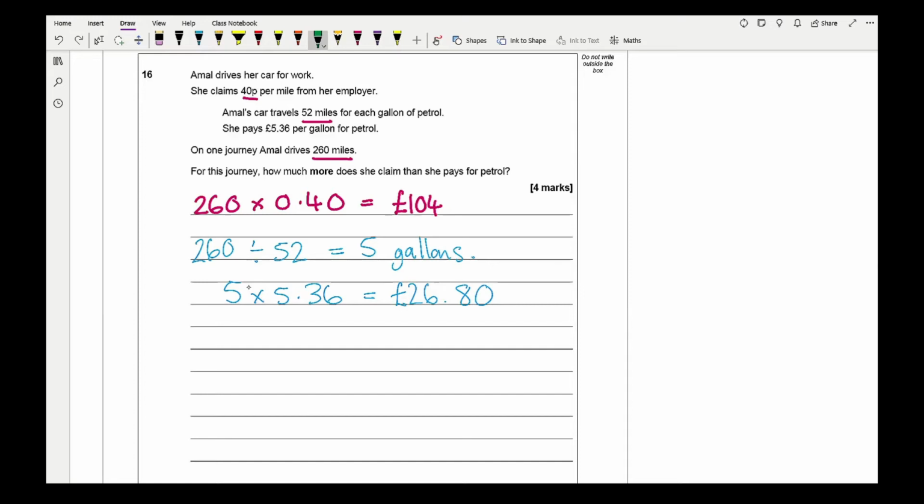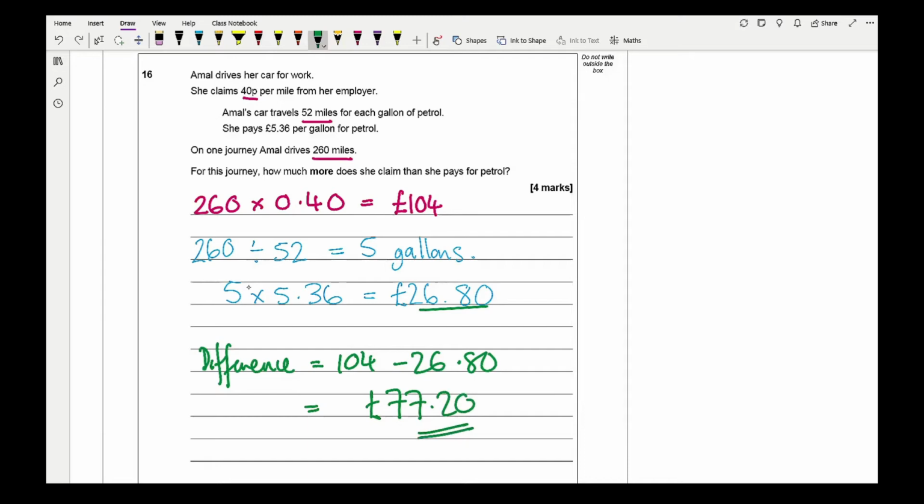So for this, the difference between the two amounts is going to be 104 minus £26.80. And I work that out by typing those into my calculator. 104 minus 26.8, I get an answer of £77 and 20 pence.